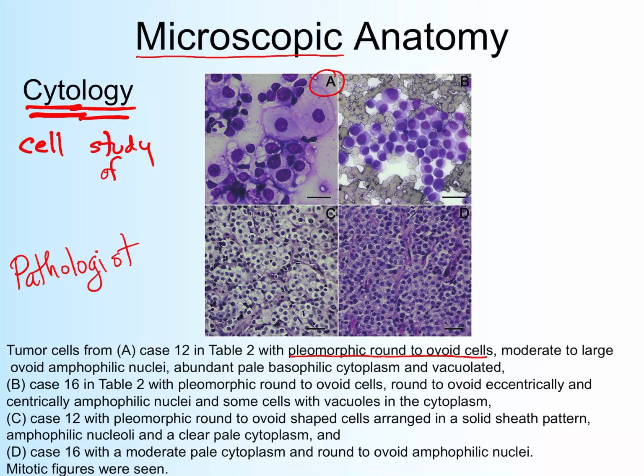Pleomorphic, just a quick example. Pleomorphic means it has different shapes to it. You can see that these cells don't all have the same exact shape in box A. They're round to ovoid, right? So they're either round or ovalish. And then, et cetera, et cetera. So there's a lot of different technical terms here to just describe precisely these cells.